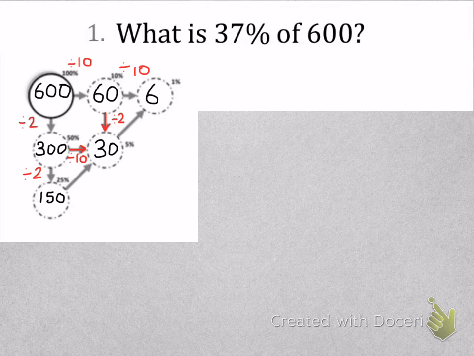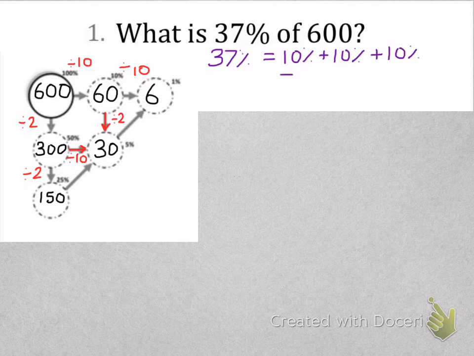First of all, we can say that 37% is the same as 10% plus another 10% plus another 10%, which gives us 30%.